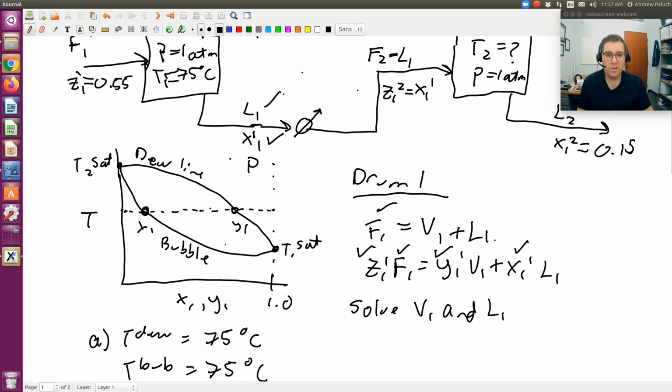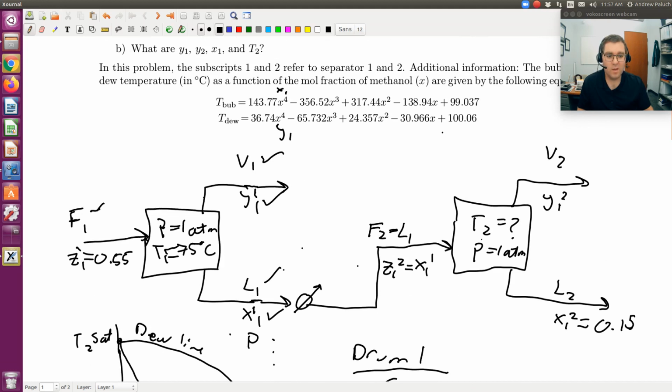So I guess I didn't really have any notes. The strategy here would be I could plug in X1 is 0.15 in this first expression and use that to solve for T. Okay, so then I have T, bam. Once I have T, then I go to my T-dew equation, and I can replace the temperature with the temperature I just solved for.